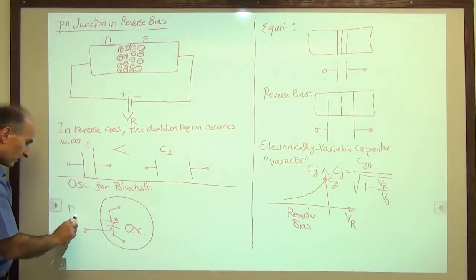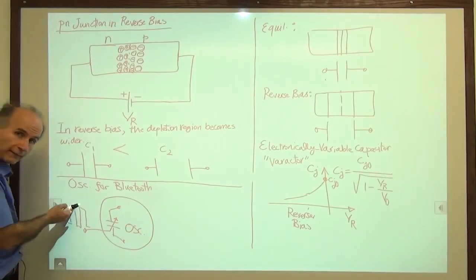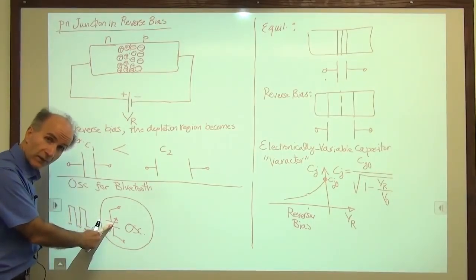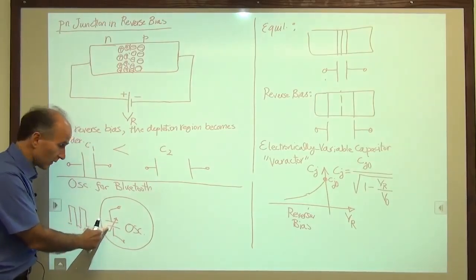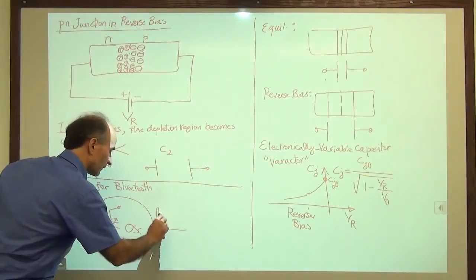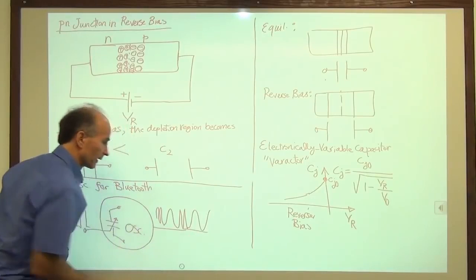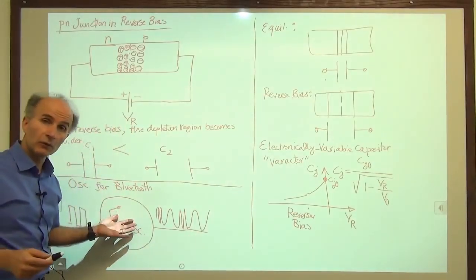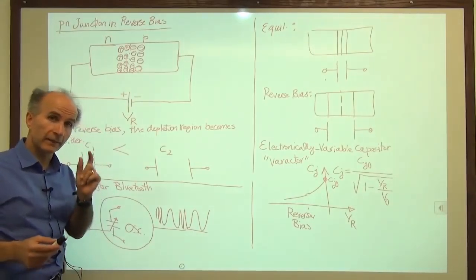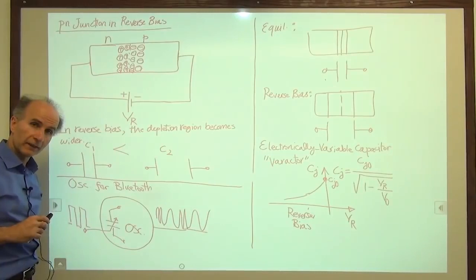So when we give it zeros and ones, let's say 0 volt, 1 volt, or 0 volt, half a volt, the capacitance of this PN junction, this varactor, changes. And when the capacitance changes, the frequency of oscillation changes. So we have a high frequency, and then low frequency, and then high frequency, and then low frequency. So that's a simple and beautiful example of how a reverse biased PN junction can become beneficial in circuit design.